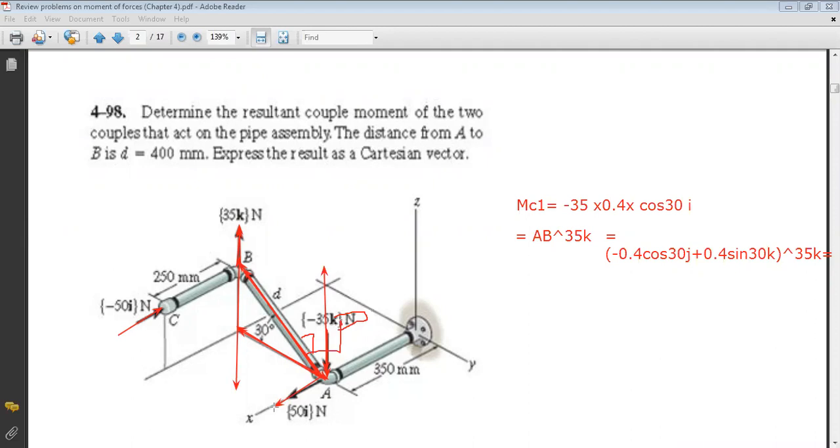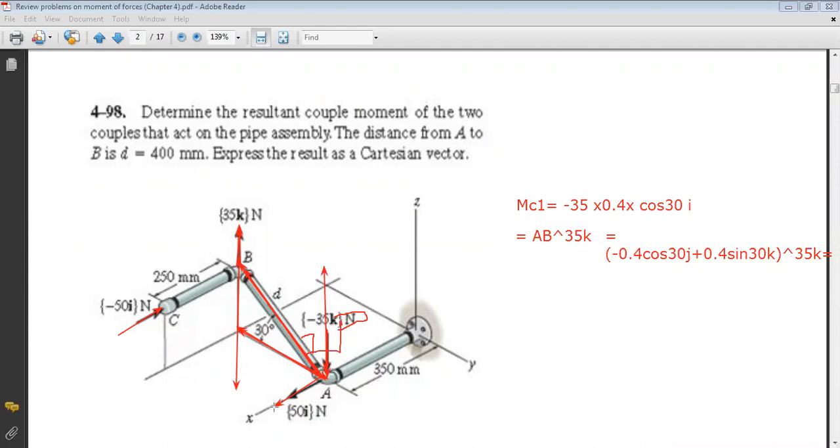It will have a component along which directions? Who will tell me? They will produce a moment about X, these two forces. Yes. About X. Look, they are parallel to X. If they are parallel to X, they cannot produce moment about X. They will have a resultant moment about Y and a resultant moment about Z. So I can verify after that I will get only J and K components.